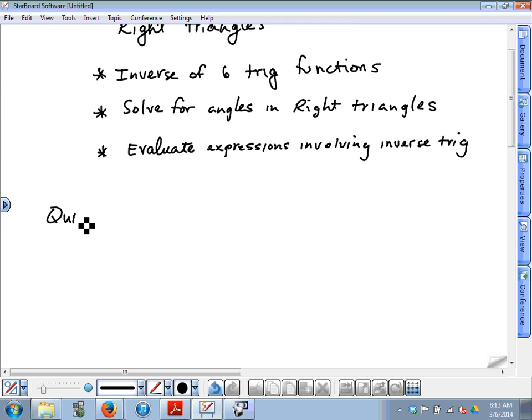Before we get into this, though, we need a quick review of something from 6.2.